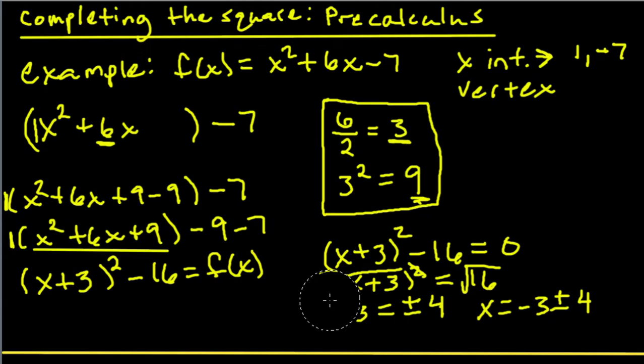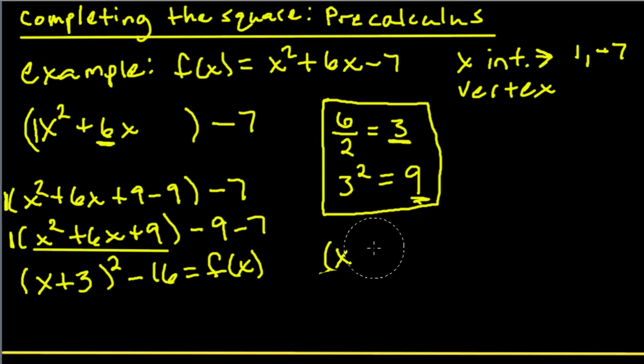Now we have to find our vertex. And the vertex, as long as it is in this form, is quite simple. We take this number here, positive 3, and we always take the opposite, so we put negative 3.